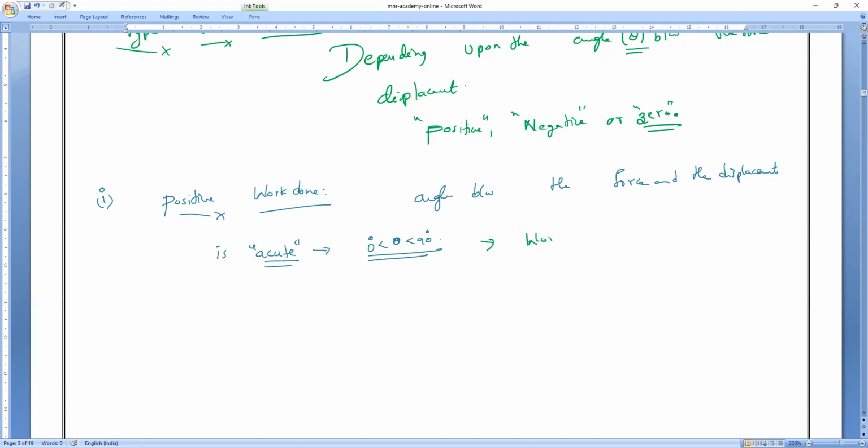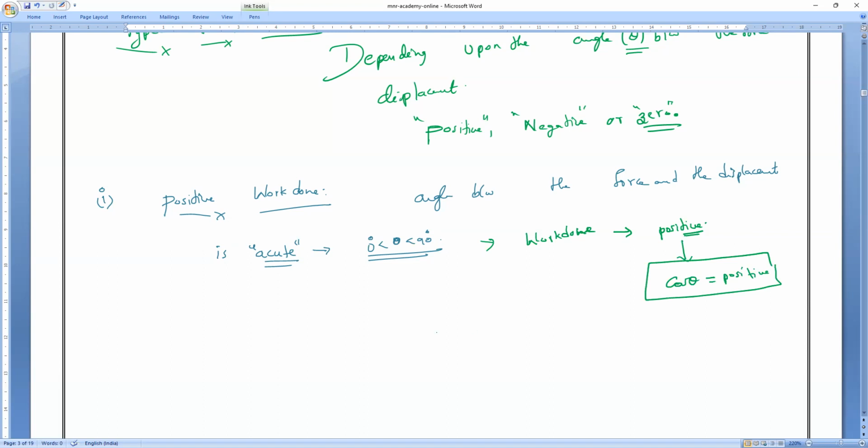So in this case, is the work done positive or negative? Positive. As the work done is positive, cos theta is also positive. Clear?